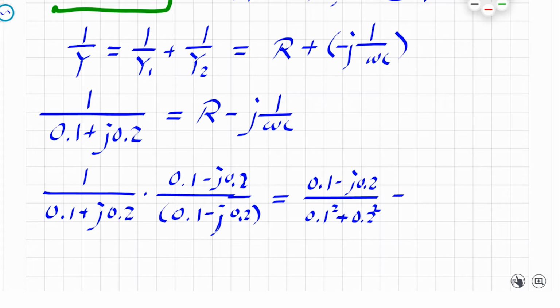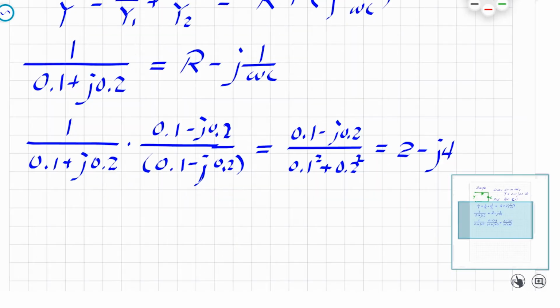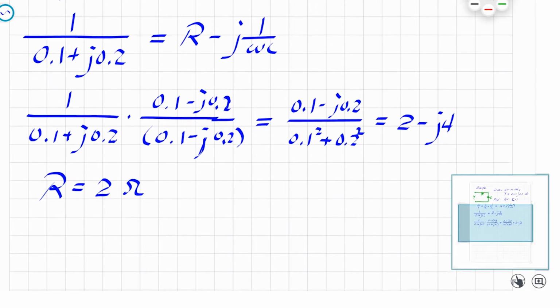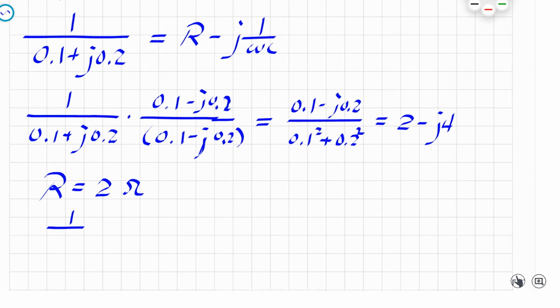And we work that out, and it can be easily shown that it is equal to 2 minus J4. Now, this is the left-hand side. So by comparison, clearly we can see R is simply equal to 2 ohms, where 1 over omega C is equal to 4.